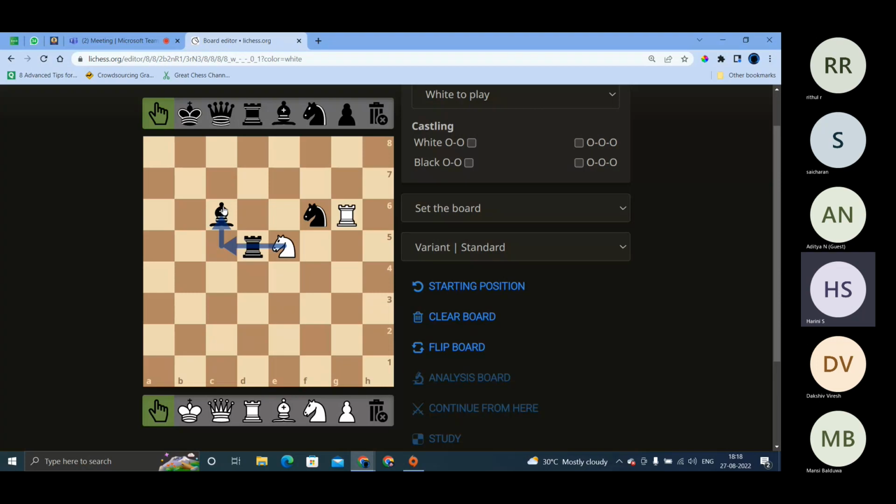So wherever the knight can really land, if there is an opponent's piece, it can capture. If there is its own piece there, it can support. If there is an empty square where it lands, it can control it. So it doesn't have anything to do with the way. It doesn't control the way.